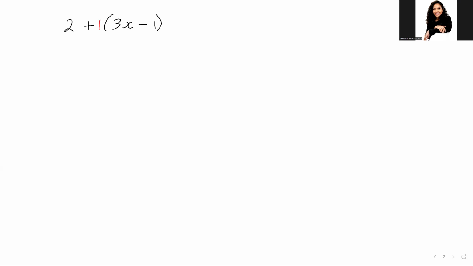And when you're removing your brackets, you're going to just multiply each one inside by 1. Remember, you're not adding 2 to the 1, right? Because this literally is something else. So you'll keep the 2 by itself, and then you'll say 1 times 3x, which is 3x, and then 1 times negative 1 will give me minus 1. So then you have 2 take away 1 plus 3x.